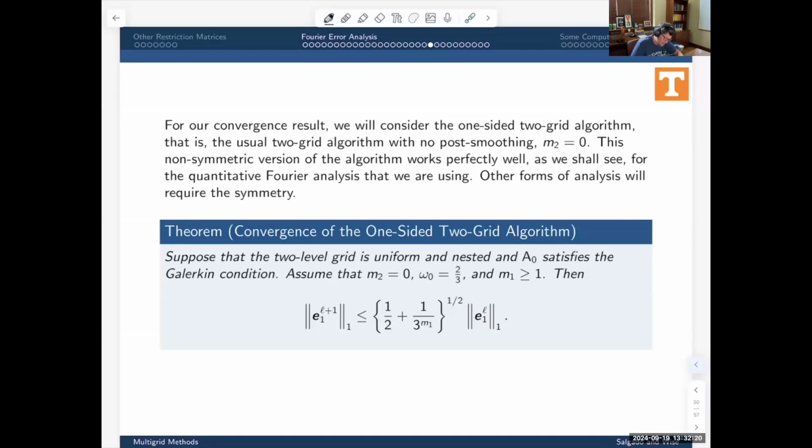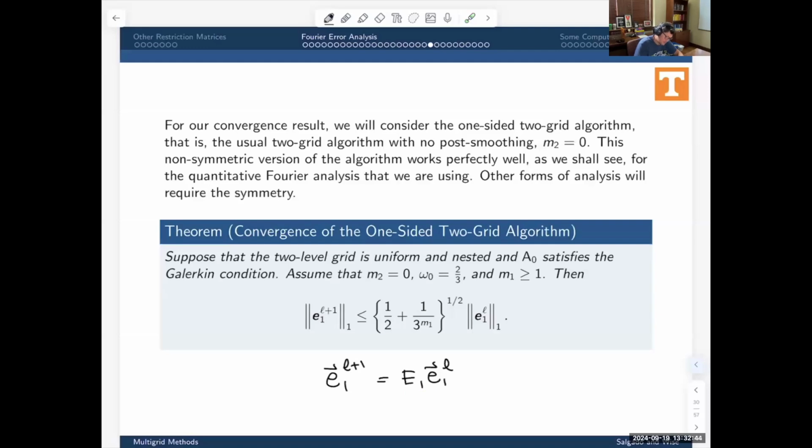All right, so remember what's happening here. We have an error transfer matrix that transfers the error from our two-grid algorithm from one iteration level to the next. We know exactly what the form of this guy is. We're going to write that down momentarily.